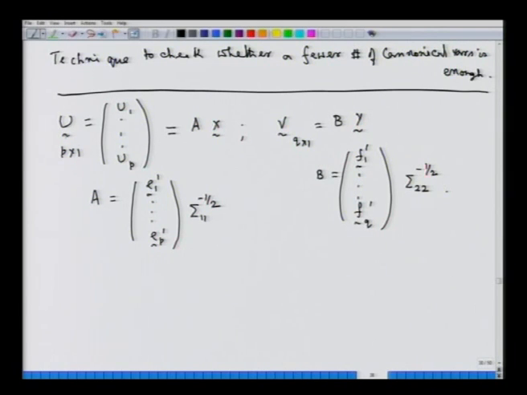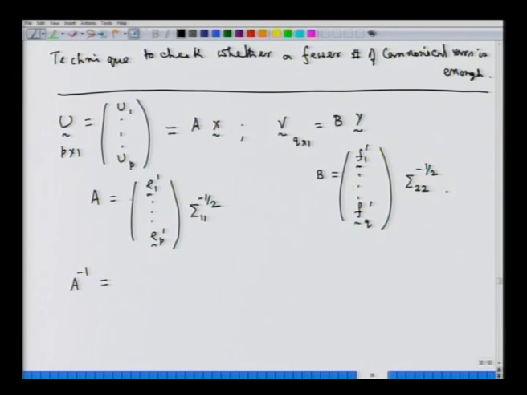So, once we have u as Ax and v as By, where A and B are given by this, note what the inverse of this A matrix is. The matrix with rows E1 prime, E2 prime, EP prime is an orthogonal matrix, because the Ei vectors are orthonormalized eigenvectors corresponding to the p largest eigenvalues.